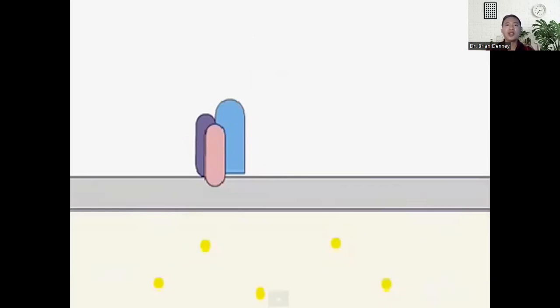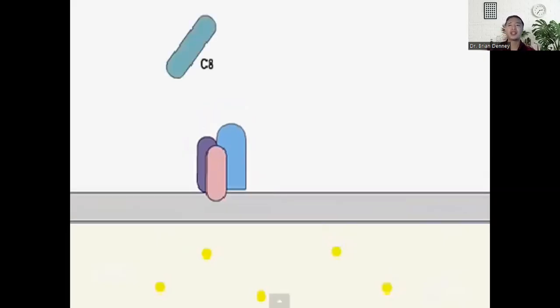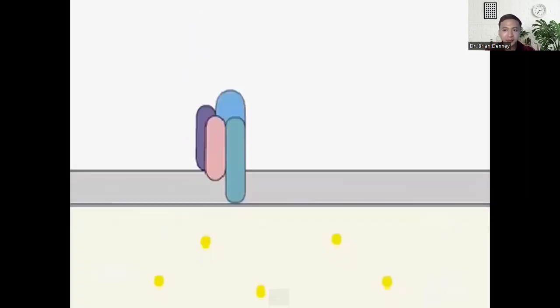Can you call now your C8? Say C8. C8 now is ready to participate in the cascade. What happens to C8 is that it binds itself into the trimeric complex of C5b, 6, and 7, forming now another complex, C5b, 6, 7, and 8.